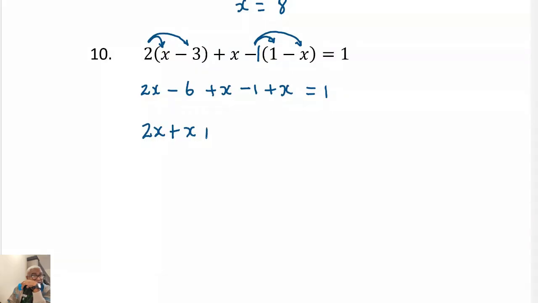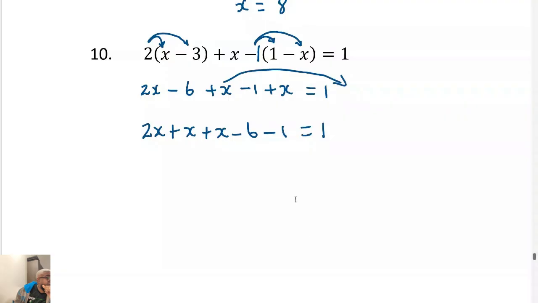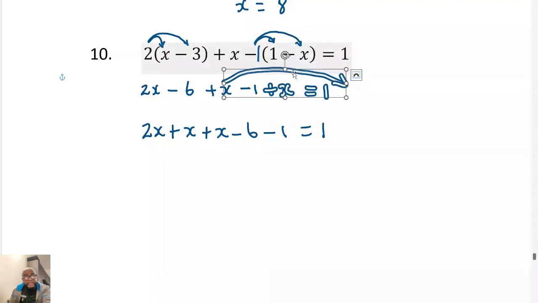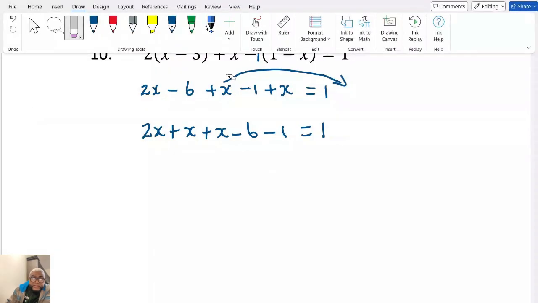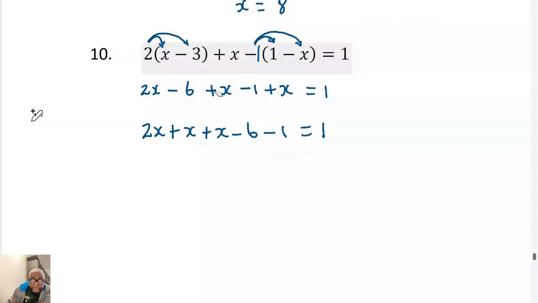And then you have another plus x here. Then you have minus 6. And then you have minus 1. You understand, Bob? So this x did not go over the equal sign. I just rearranged it on the same side. If you rearrange it on the same side, the sign that is in front of it is what moves with it.